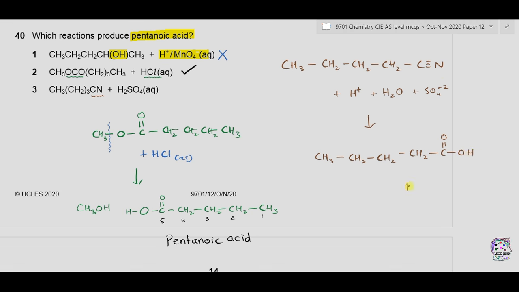Nitrogen will form ammonium salt with sulfate. As we have 5 carbon carboxylic acid, so it is pentanoic acid. So option 3 is also correct. So therefore answer is C.